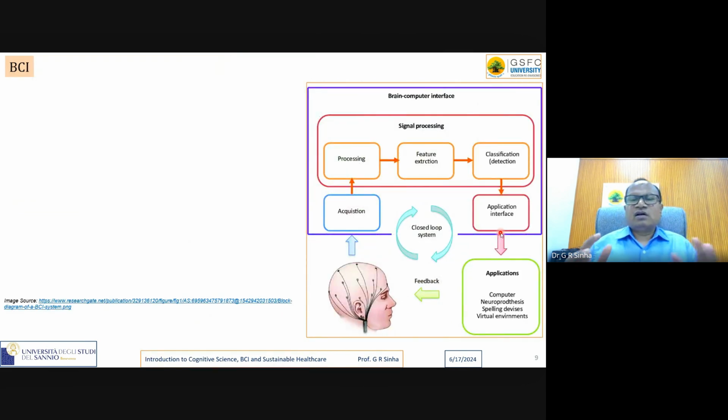As I mentioned, today's lecture will just give you an overview of all the three important components of the topic. I hope you now get some idea that cognitive science is an interdisciplinary field that covers psychological studies, philosophical ways of understanding, learning and evolution, mathematical modeling, neuroscience concepts, artificial intelligence, how machines understand and work, and the linguistic approach.